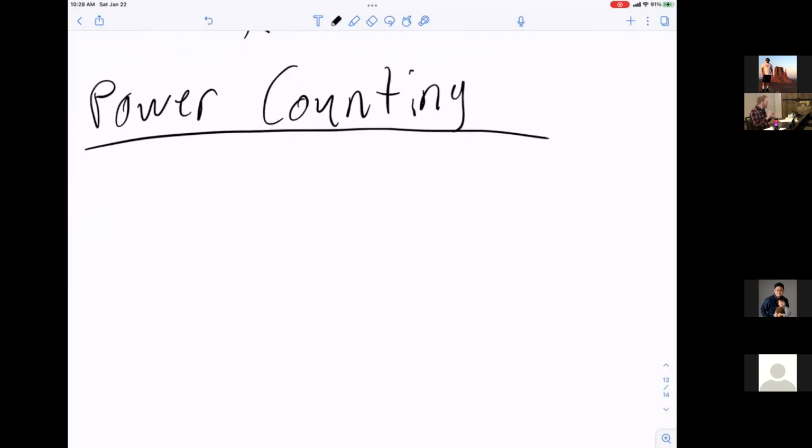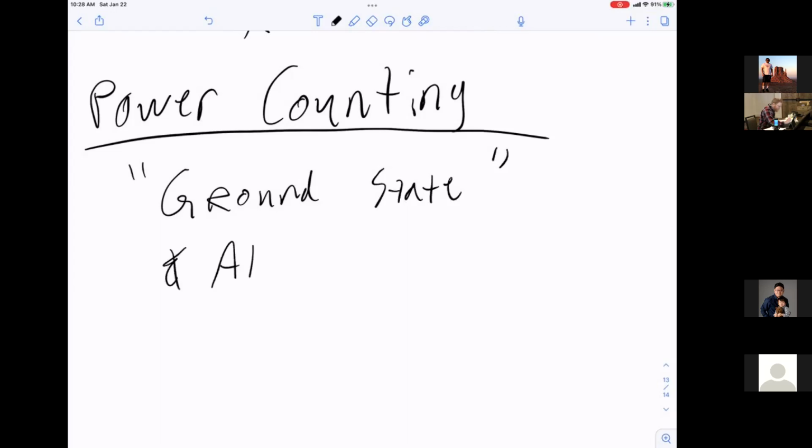Now, in order to have a power counting, we need a ground state and the allowed fluctuations. And these fluctuations are going to be weak. In other words, they're not going to really change what I call my ground state to be.